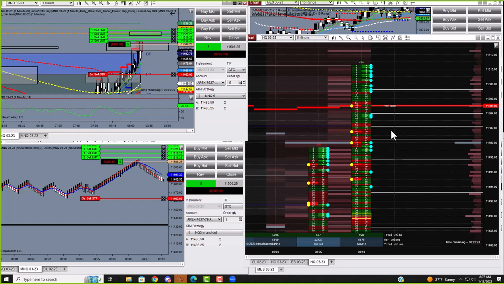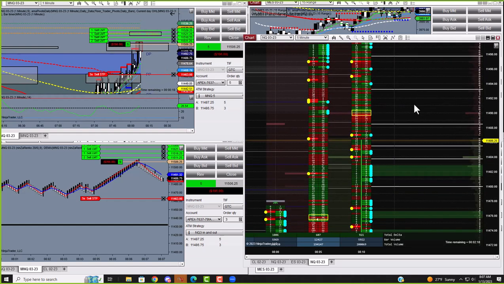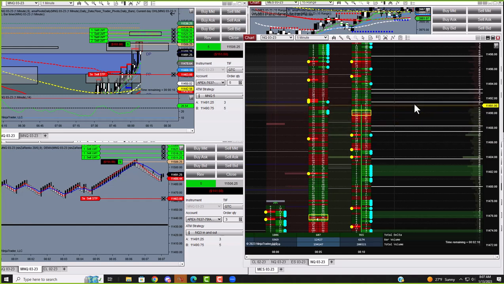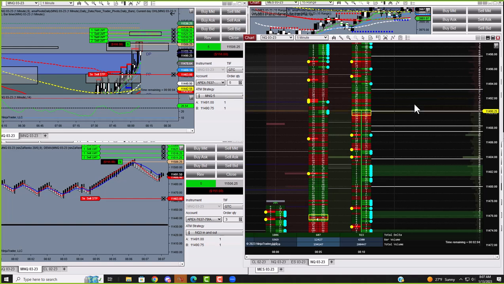Guys, trade this as you see fit. I still think we get 520. 2 minutes. I need to see this bar close above the 500. I waited for it to get above 500 to take the trade.